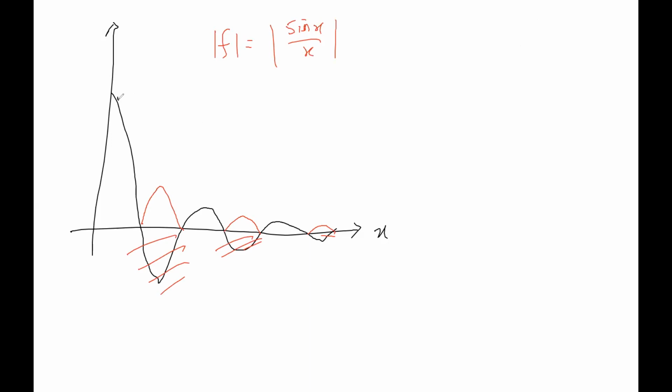Now, we know that this is pi, 2 pi, 3 pi, 4 pi, 5 pi, and so on. And the maximum occurs at the midpoint, yeah? So that will be 3 pi over 2, 5 pi over 2, 7 pi over 2, 9 pi over 2, and so on, okay?